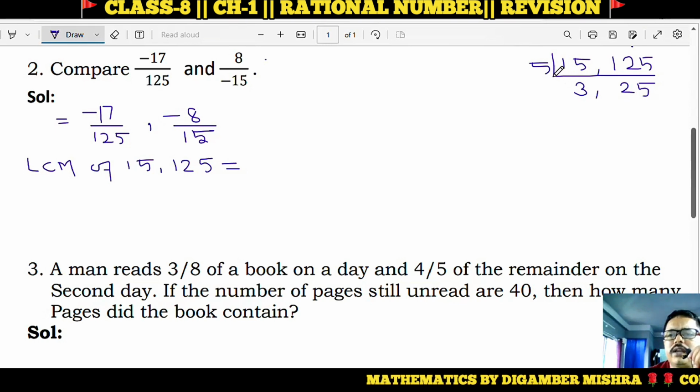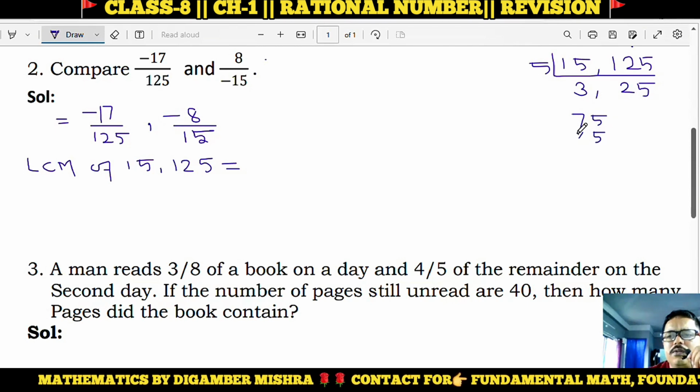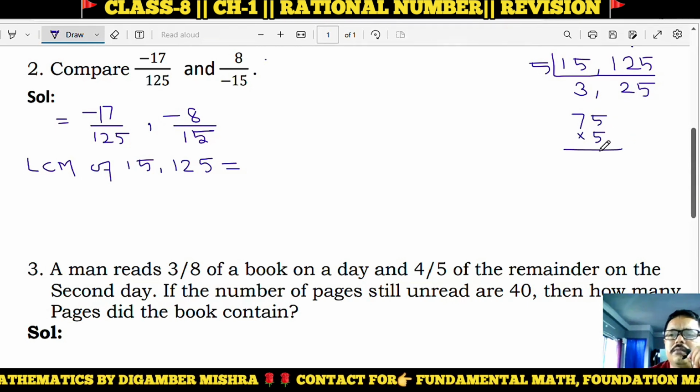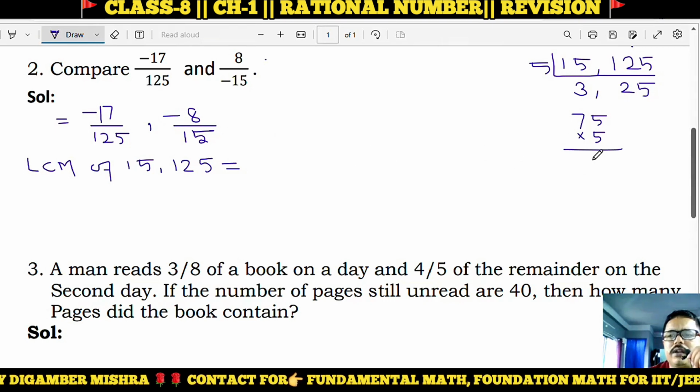Now there is no common divisor of 3 and 25, so we'll multiply. 25 3s are 75 and 75 multiplied by 5 will be the LCM of 15 and 125.